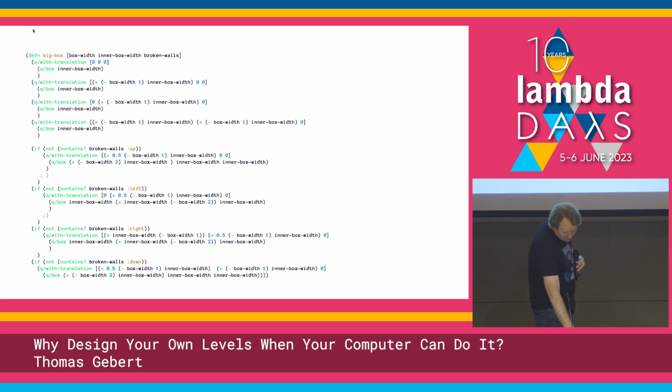These top ones here are the corner pieces. We just translate them to the width of the box. And then we draw longer lines for the sides there. And if the walls are broken, we have a set passed in here. So if the set does not contain up here, then draw the wall on there.